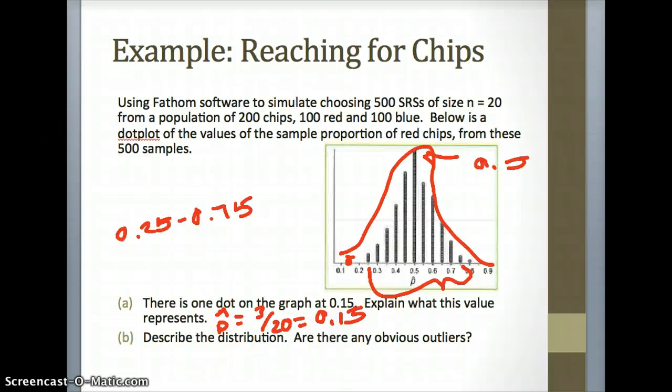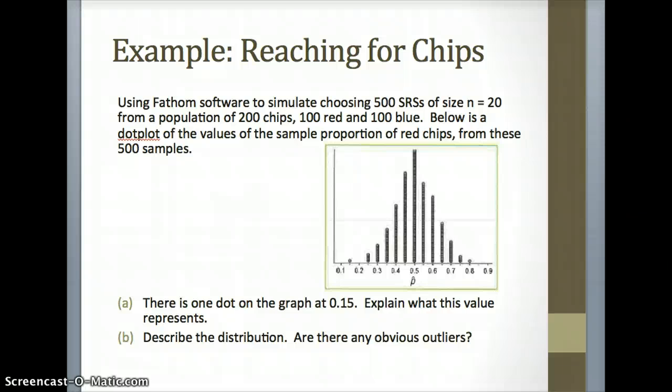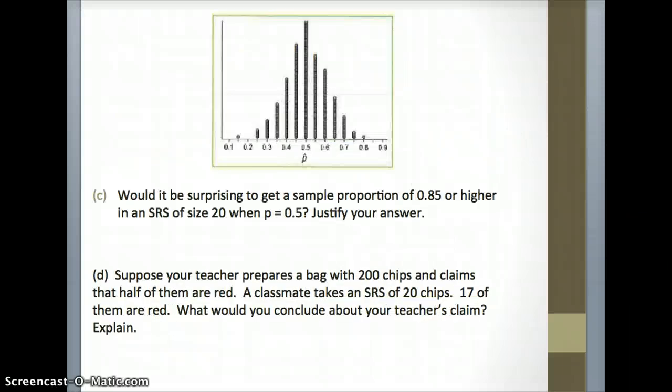Still analyzing the same thing. Same graph, different questions. So let's think about this one. And this is kind of why we can use our sampling distributions to estimate or have a good description of our population.